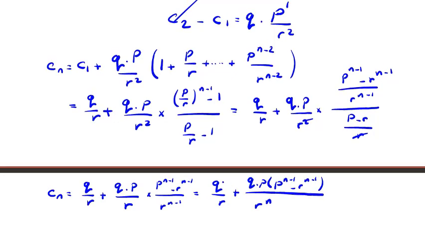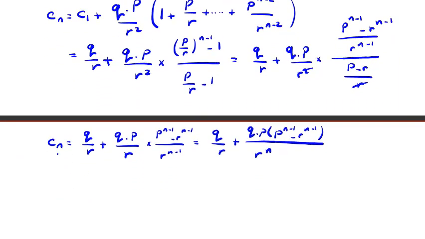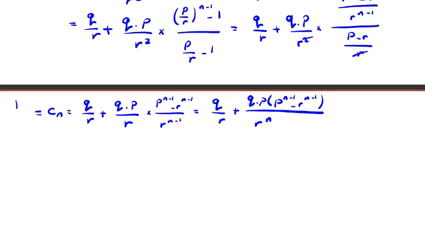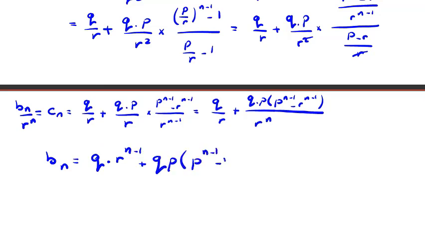Now we know what c_n was: b_n over r^n. Now we can multiply both sides by r^n, so it will be q r^{n-1} plus qp, p^{n-1} minus r^{n-1}. Now if we write all of them, q r^{n-1} plus q p^n minus qp r^{n-1}.